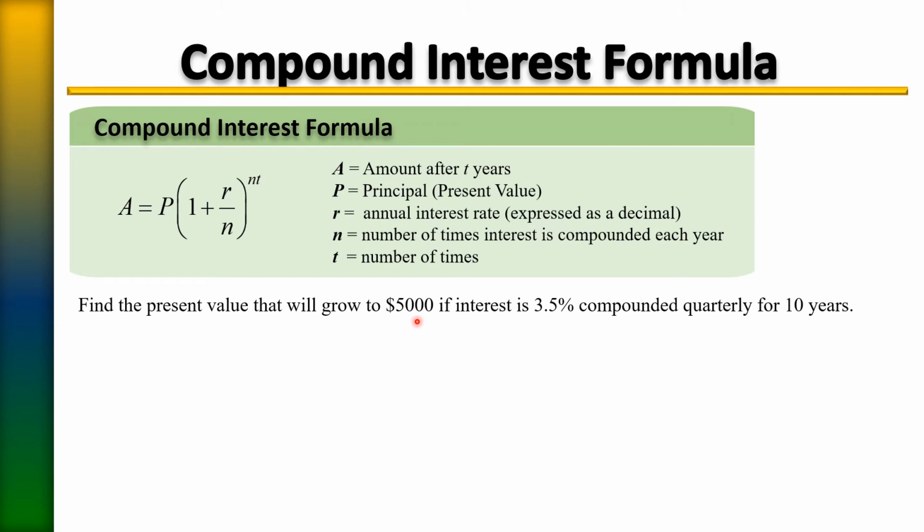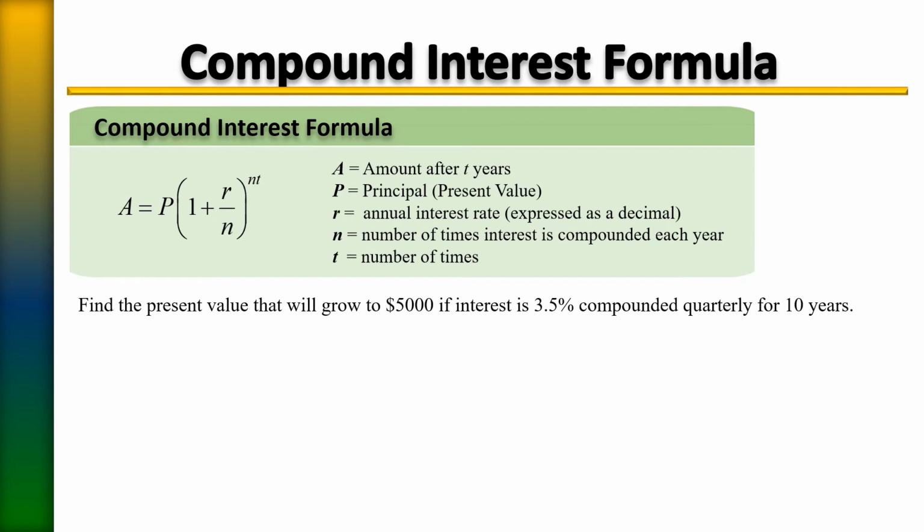So that's A. We're also given our rate, which is R. We need to turn that into a decimal. We're also given the number of times that it is compounded. Here it is compounded quarterly, which is 4 times a year, so N equals 4. And we're given the time. The time was 10 years, and that's T.